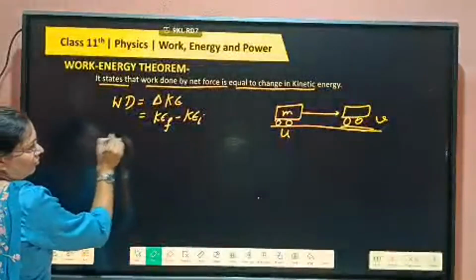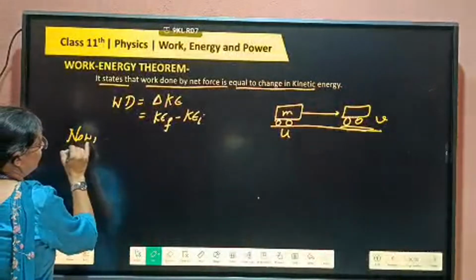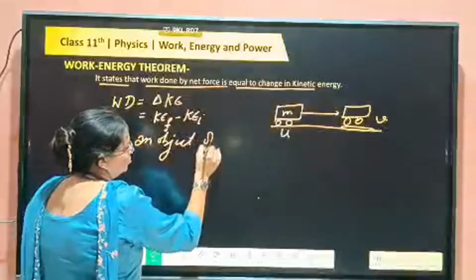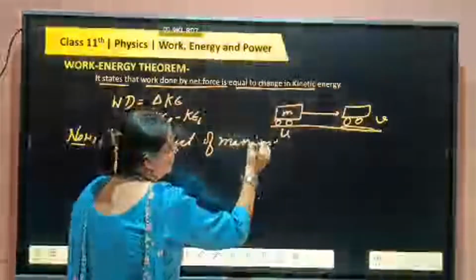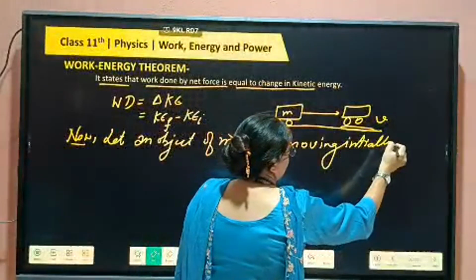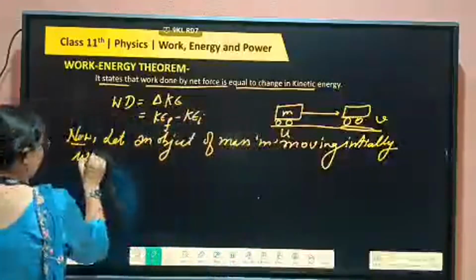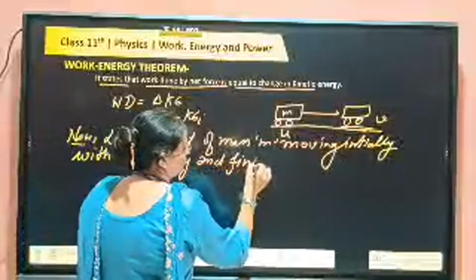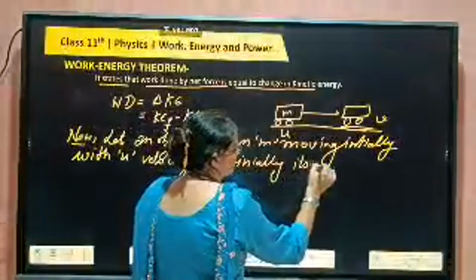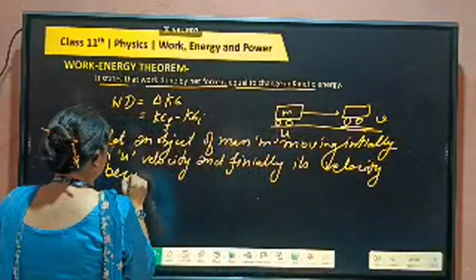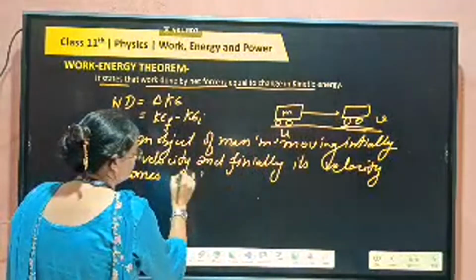Now let an object of mass m move initially with velocity u and finally its velocity becomes v.